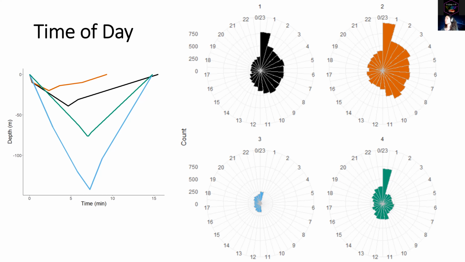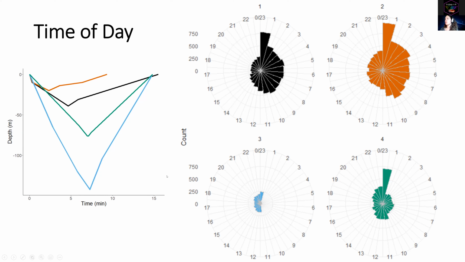Actually, the blue dives are these V-shaped dives, which tend to be deeper. Some of the really deep dives did occur at night, but they occurred throughout the day as well. And this is also what I expect to see, like these dives in the afternoon.